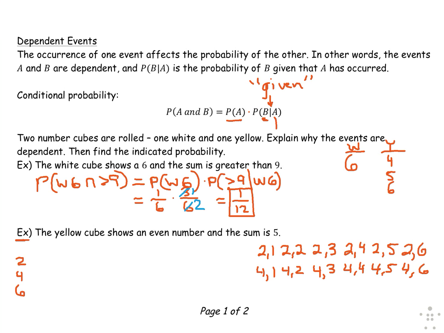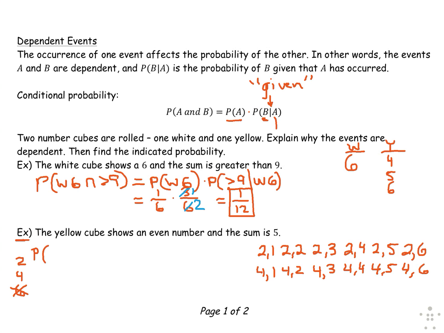The other part of the problem is that we ultimately want the sum to be 5 between the two number cubes. Well, 6 is already greater than 5, so that invalidates that as an option. So really, we have a 2 in 6 chance of rolling a number cube that shows an even number and ultimately getting a sum between the two number cubes of 5.